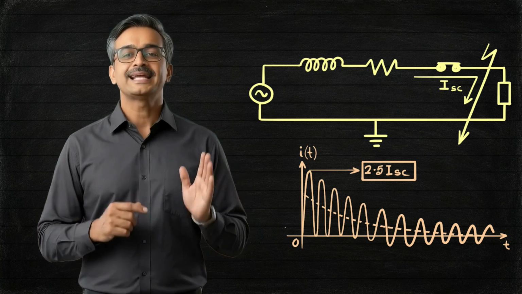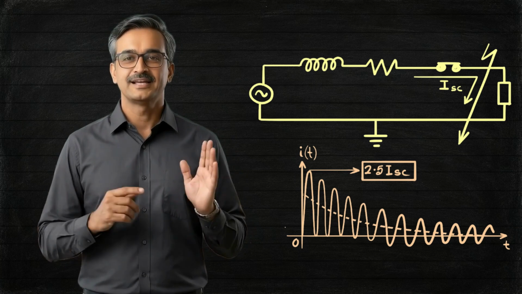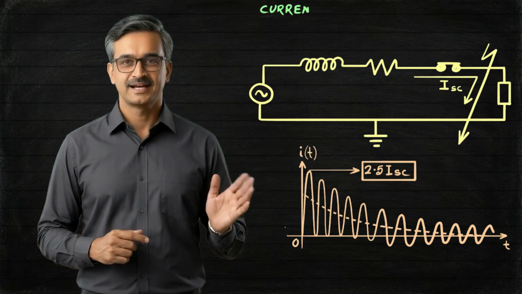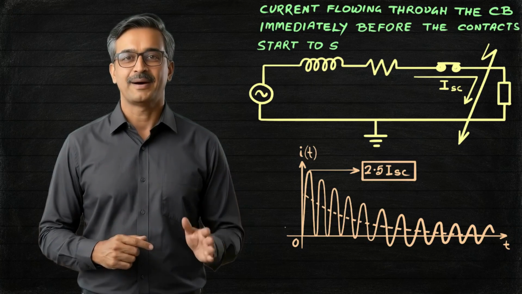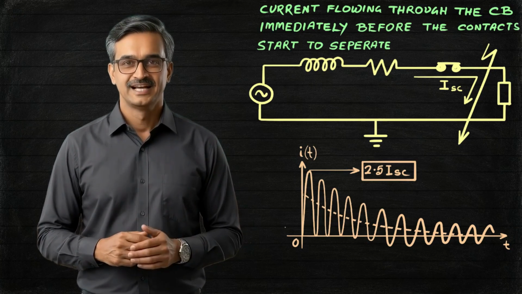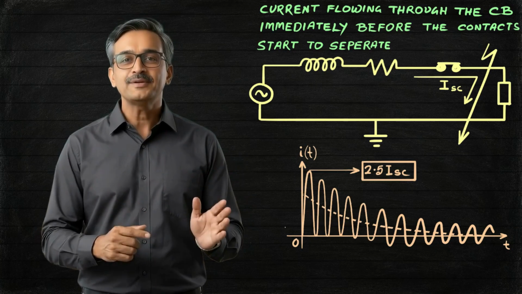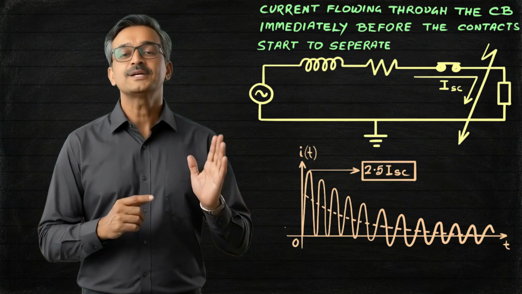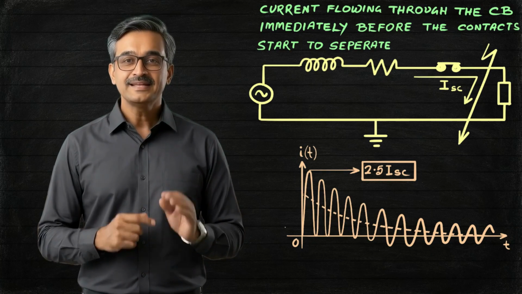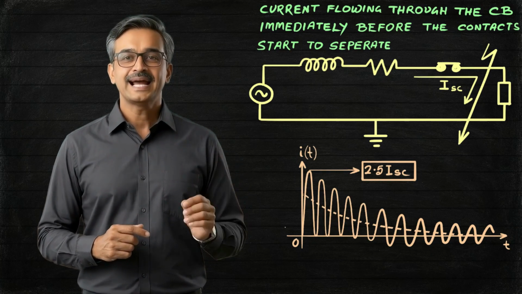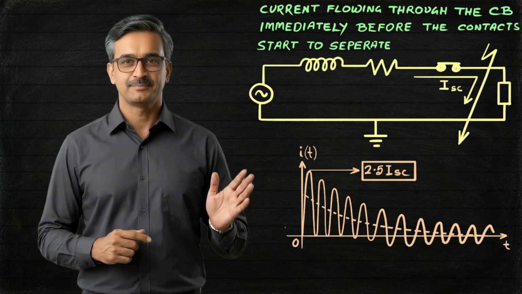Now, what exactly is the breaking current? The definition of breaking current is the current flowing through the circuit breaker immediately before the contacts start to separate. As we have already discussed, there is always a small delay before the contacts begin to separate after faulty closing. This delay is caused by the relay sensing time, the relay operating time, and the mechanical operating mechanism of the circuit breaker.